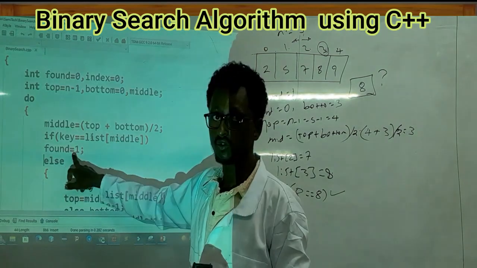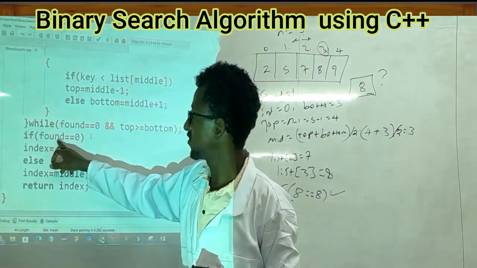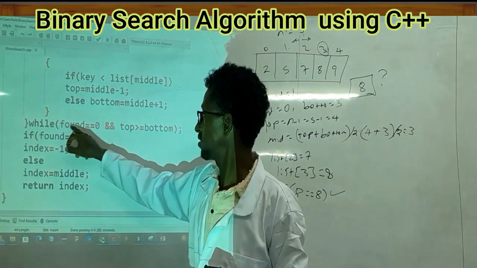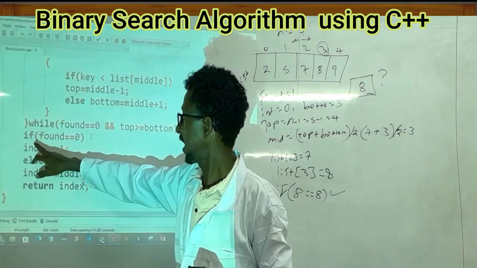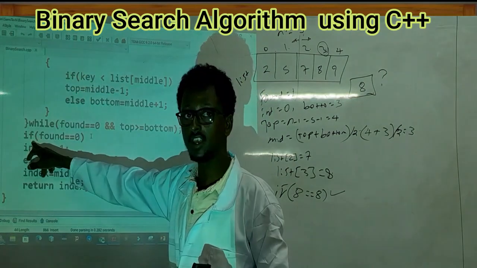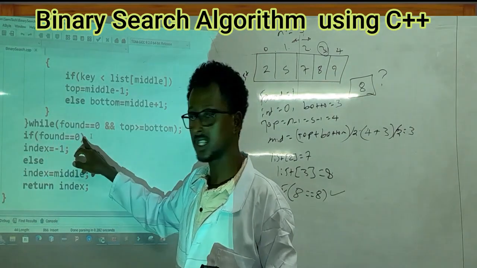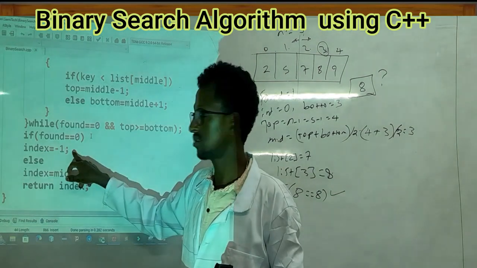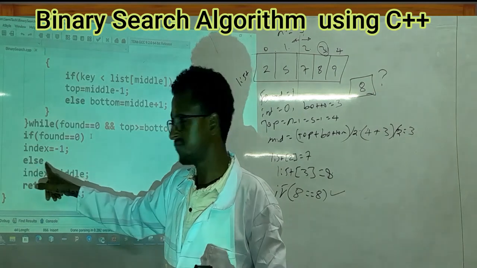Therefore, found is changed to 1. Then inside the while loop, the first if statement is not executed. Why? Because found is already true. Therefore, we turn out from the loop, and the next statement is the if. We check found equal to 0, wrong. If this statement is wrong, the next statement is not executed. Then the other option of the if is the else one.